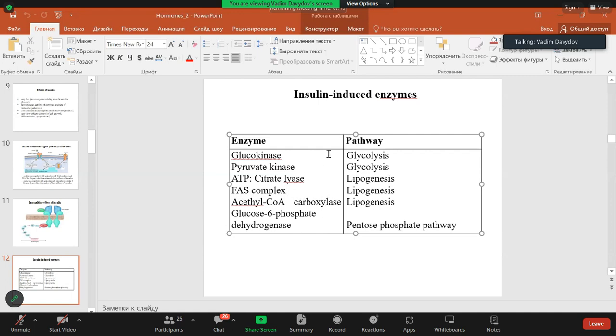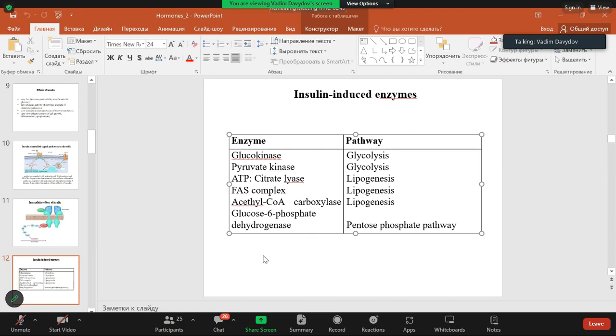For that reason, insulin produces a slow effect on glycolysis, oxidative decarboxylation of pyruvate, synthesis of lipids, and the pentose phosphate pathway. It stimulates all those processes, as you can see from that table.